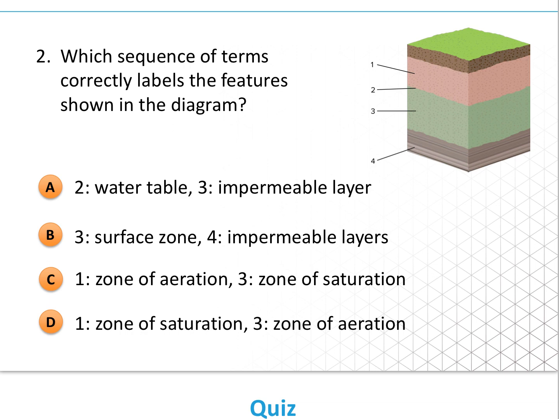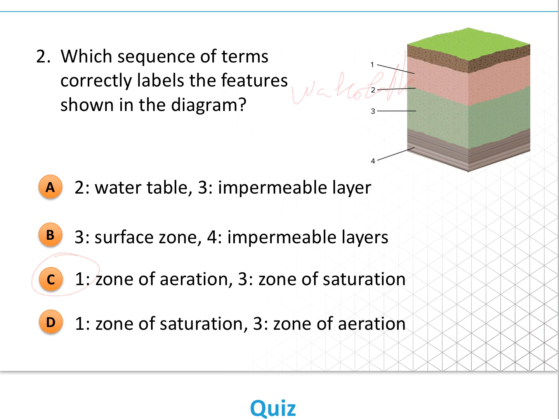All right, so when we look over here, we're looking at 1 as the zone of aeration, and 3 as being the zone of saturation. And remember, 2 right in the middle is going to be the water table. Down at the bottom for 4, if you're wondering what that is, it is an impermeable layer. That might either be an aquiclude, that could also just be some bedrock.